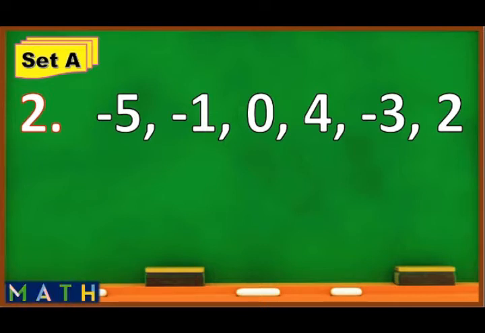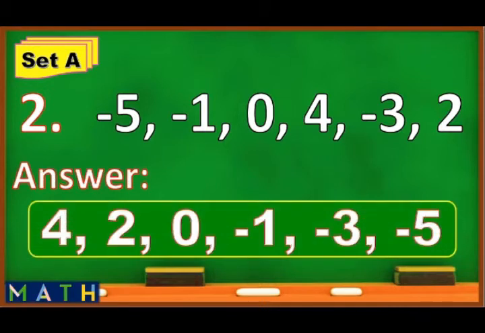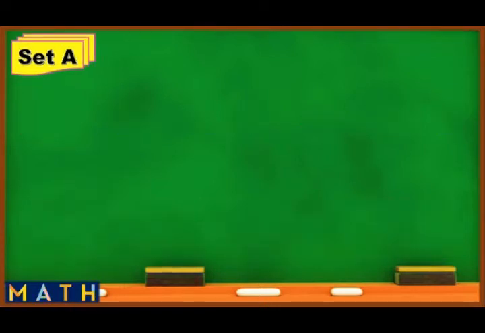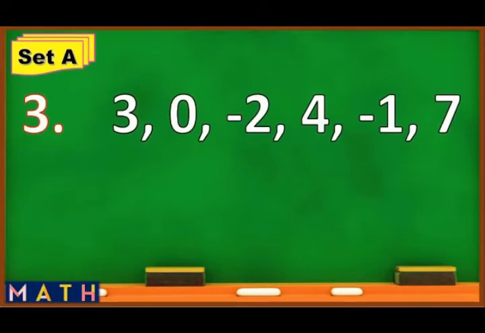The correct order of the integers is positive 4, positive 2, 0, negative 1, negative 3, and negative 5. Very good!